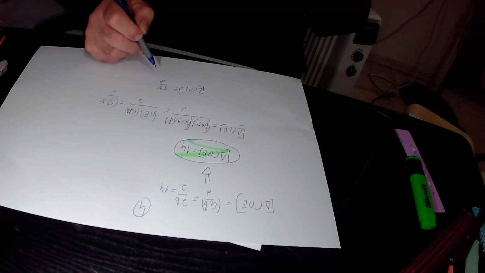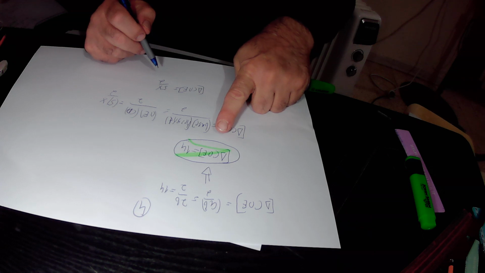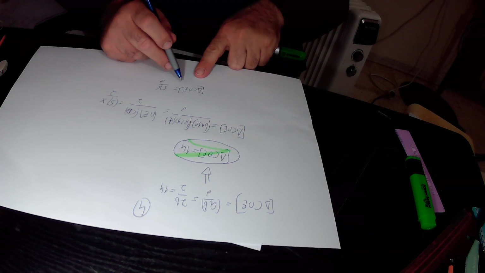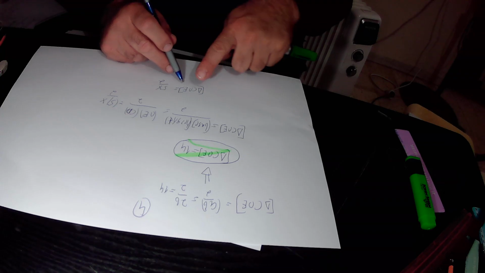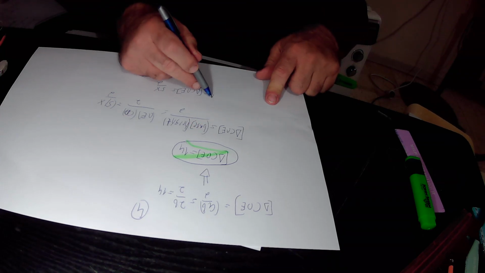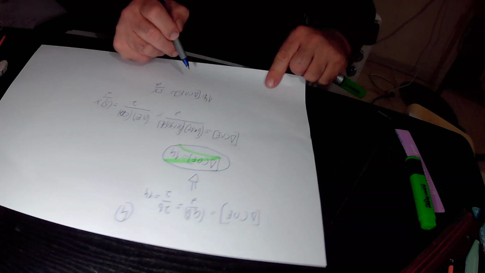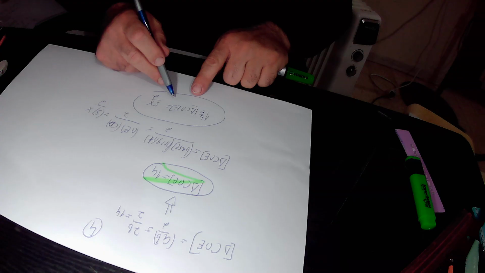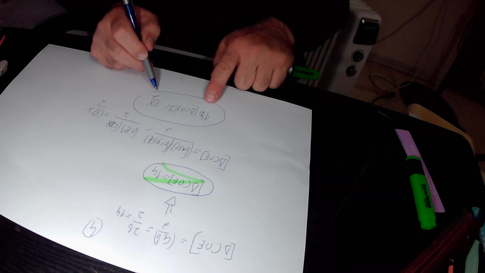But we already found out that the area of the green small triangle COE equals 14 square units in its size. So we can write here that 14 equals 5x over 2.